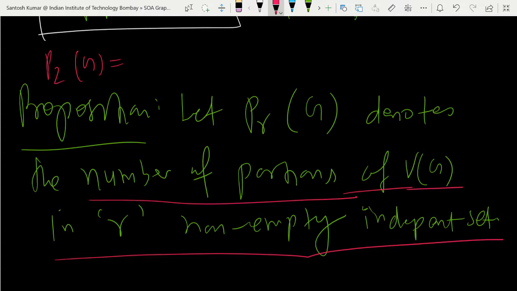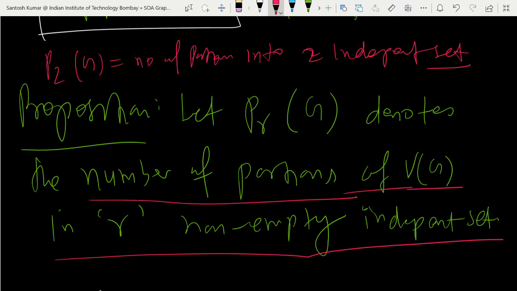P3(G) means partitions into three independent sets. P4(G) means partitions into four independent sets. So you can write the number of partitions into two independent sets, and both must be non-empty. Number of partitions of the vertex set.